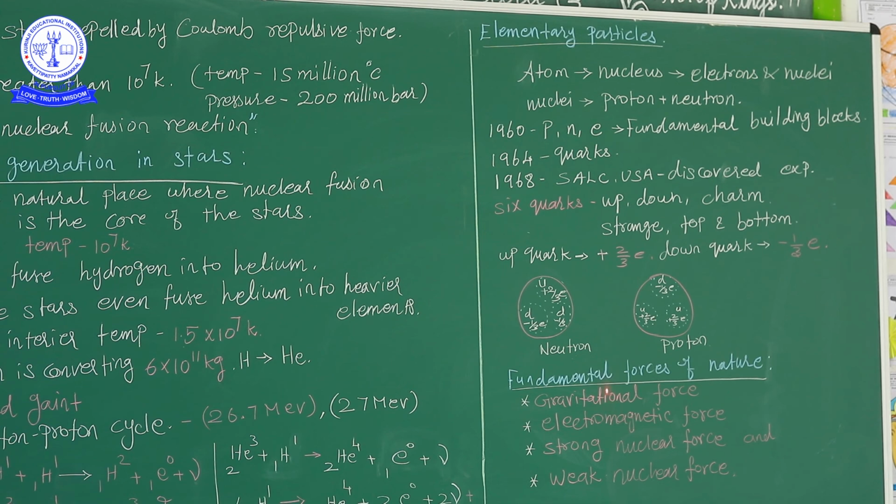There are four types of fundamental forces: the gravitational force, the electromagnetic force, the strong nuclear force, and the weak nuclear force. These are the fundamental forces. It is very interesting in day-to-day life.